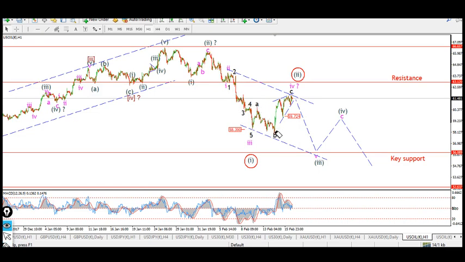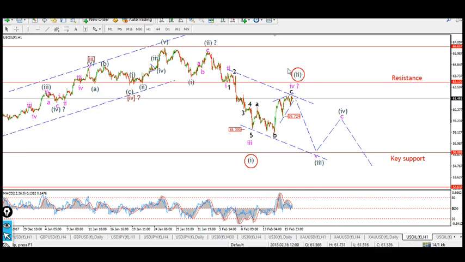I think it's more corrective to the downside, and that's why I prefer this 1, 2 here as an alternate. I think this C wave here is an ending diagonal, so it counts well as a C wave, which lends itself either to the corrective wave 2 or corrective wave 4.